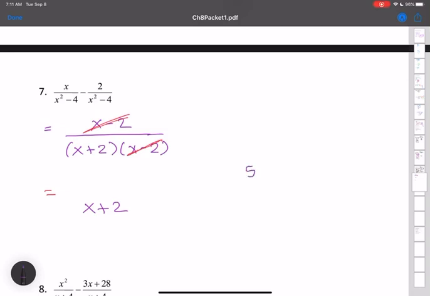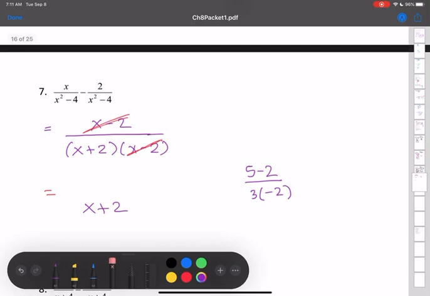What if I had 5 minus 2 over, let's just say, I'm just totally making this up. Okay, 3 times, let's go with a negative 2 to try to make it look the same, okay? Let's go a little bit different.